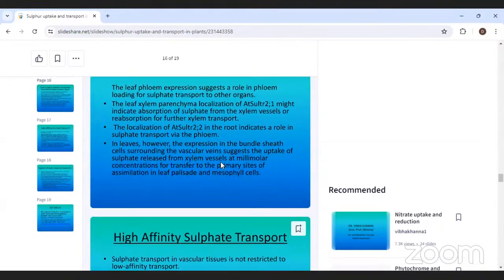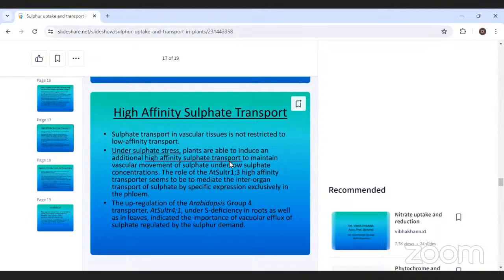High-efficiency sulfate transport is also present in plants. Next to carbon, hydrogen and oxygen, nitrogen is the most essential element. It is a constituent of chlorophyll, proteins and nucleic acids.